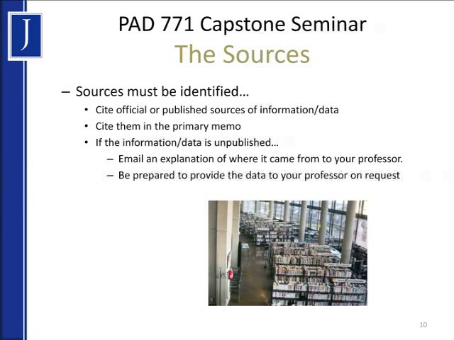Typically, the project will cite official or published sources of information or data from the jurisdiction involved. They must be cited, that is to say, footnoted, in the primary memo. If the information or data is unpublished, you must email an explanation of where it came from to your professor, and be prepared to provide the data to your professor on request.